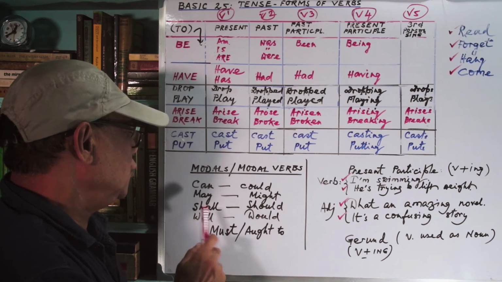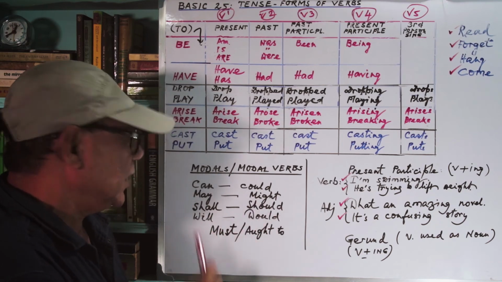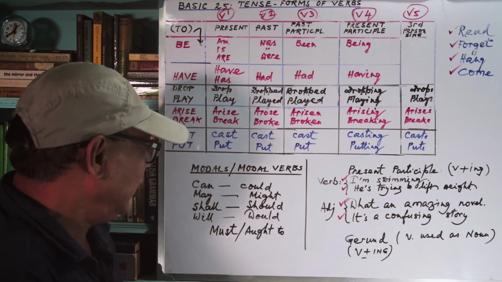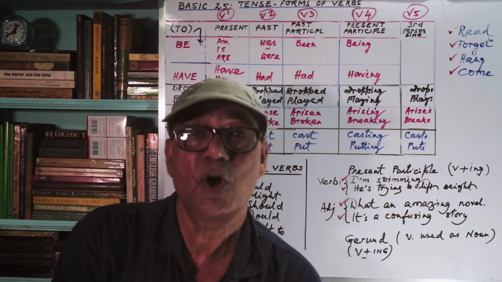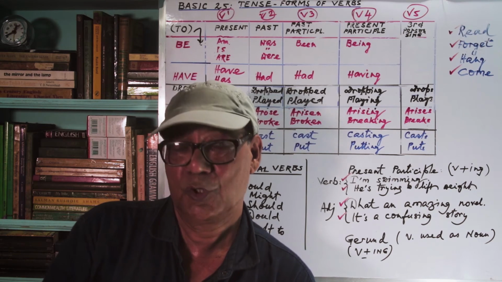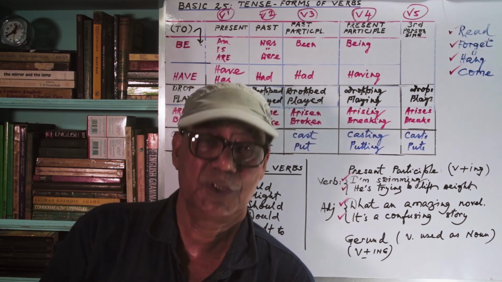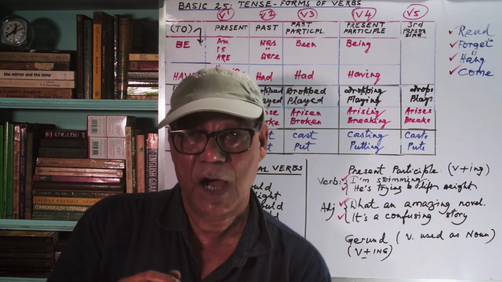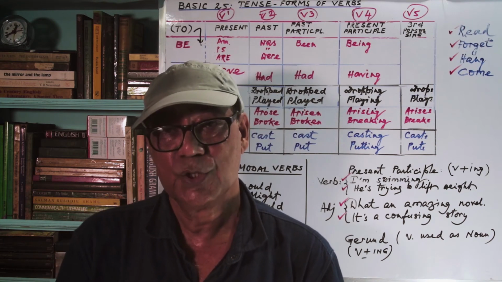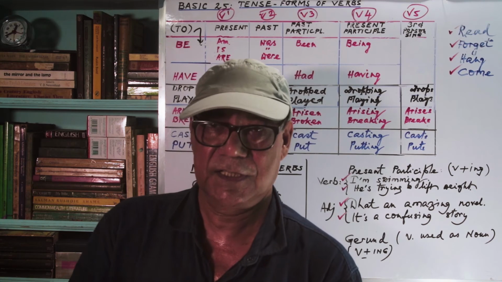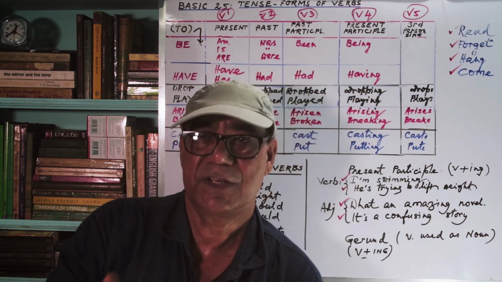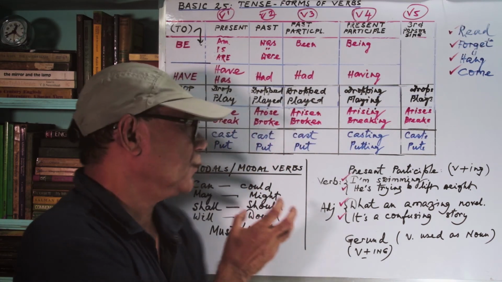So can, could, may, might, shall, should, then will, would, must, ought to. These are used only for special users. They know how to use these words to make their expression sophisticated, more polite. That's why they use these modal forms.